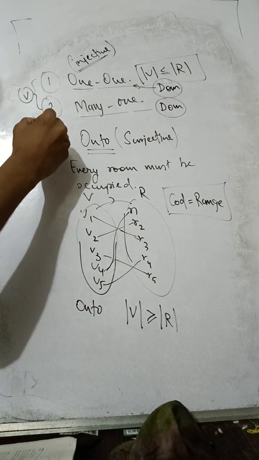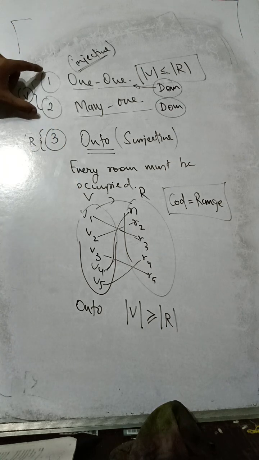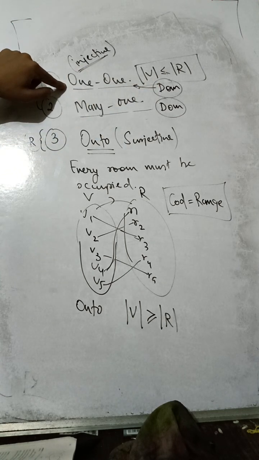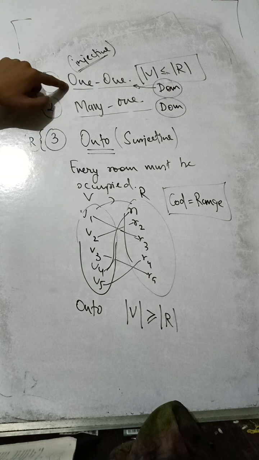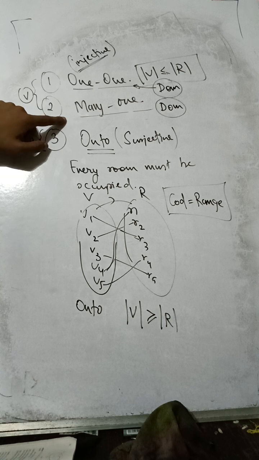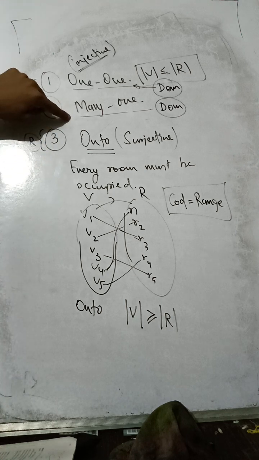In one-one, no two visitors should stay in the same room, or every visitor should stay in a different room. In the many-one function, we should have at least two, three or four visitors moving into the same room. That is when we have a many-one function.